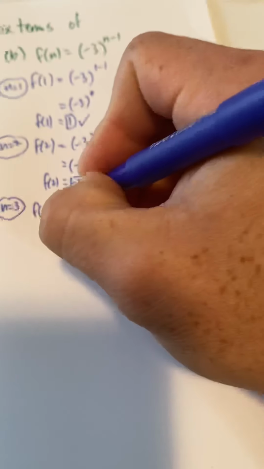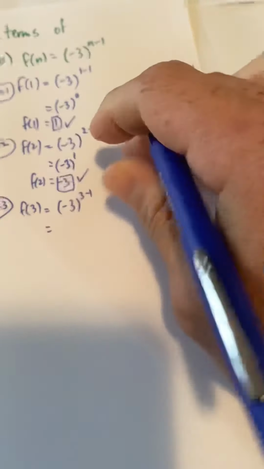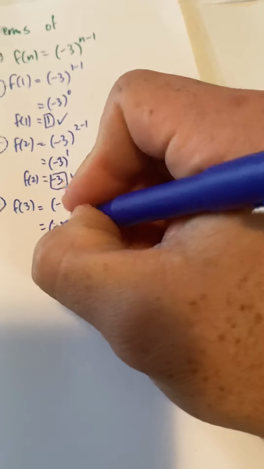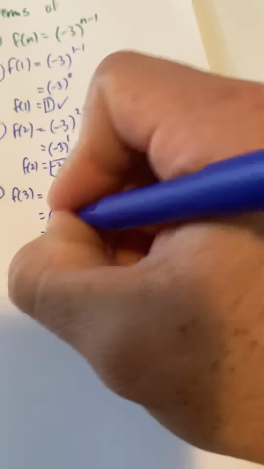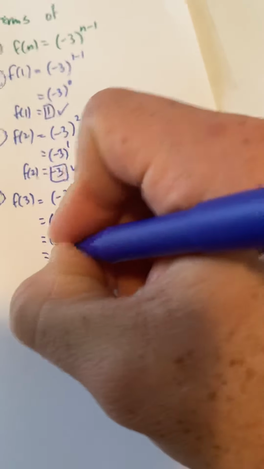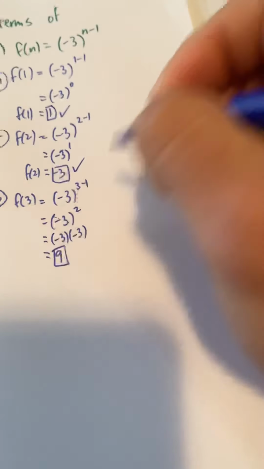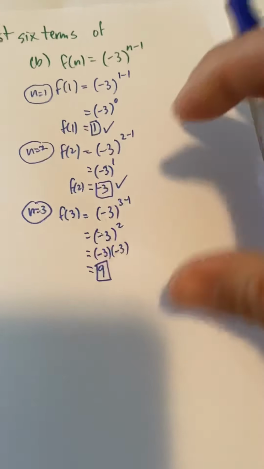We need the first 6 terms, so we're going to do f of 3 now. We get 3 minus 1, so we start calculating multiples of negative 3. The quantity of negative 3 squared is negative 3 times negative 3, which will give us positive 9. So we have 1, negative 3, 9 in the sequence so far.